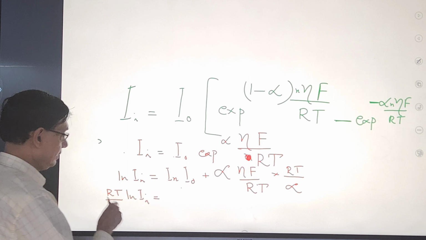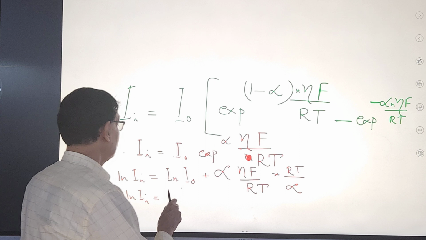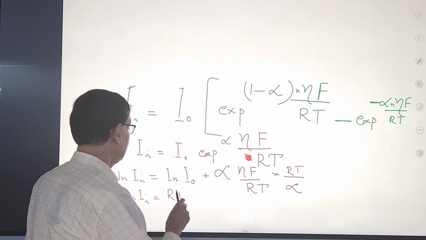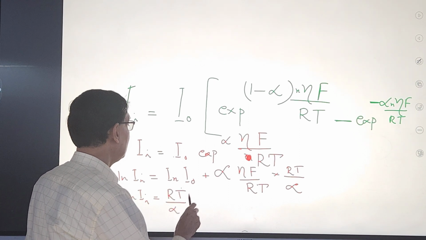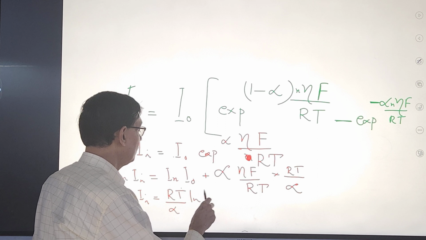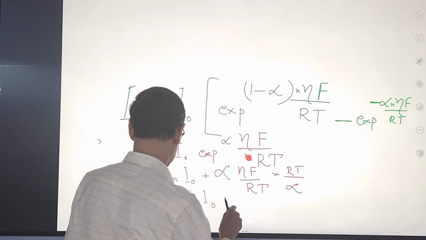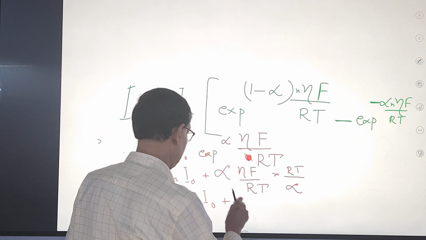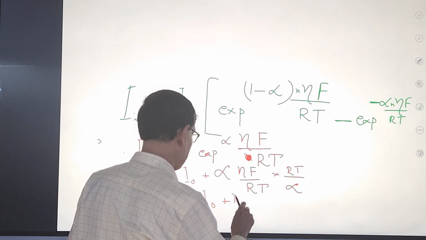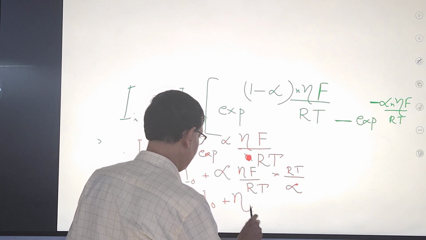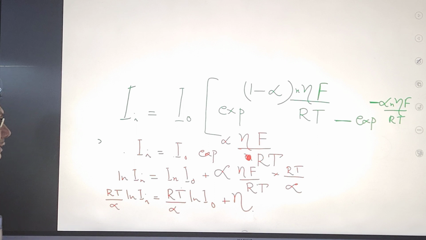You follow my point? One constant. RT alpha natural log of I0 plus only eta, the overpotential.